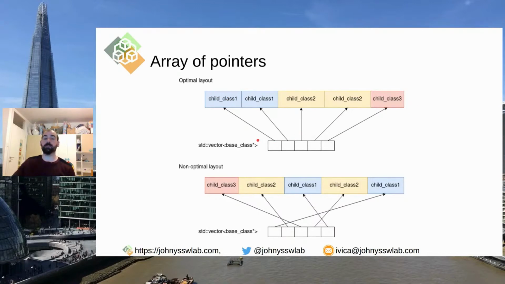You won't suffer any performance loss, even if you're using an array of pointers. But if you're not lucky enough, or maybe you modified the vectors, deleted or added some elements, or did it for a longer time, then you can get a non-optimal layout. The first element points to this chunk, and the second element points to this chunk. This is a non-optimal layout that will be slow.